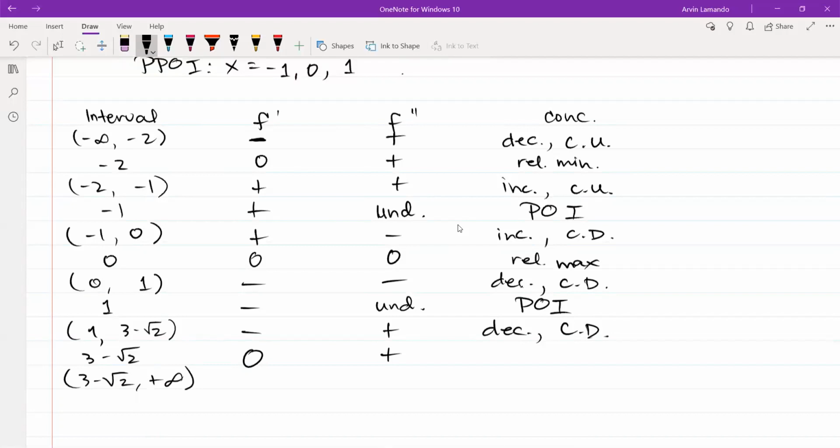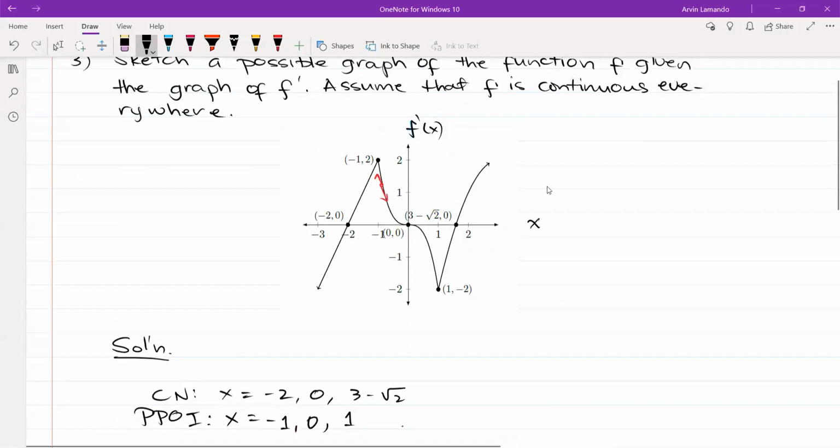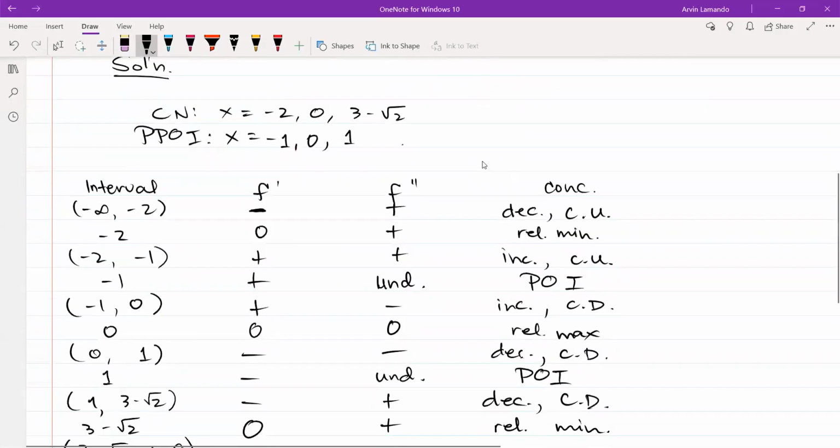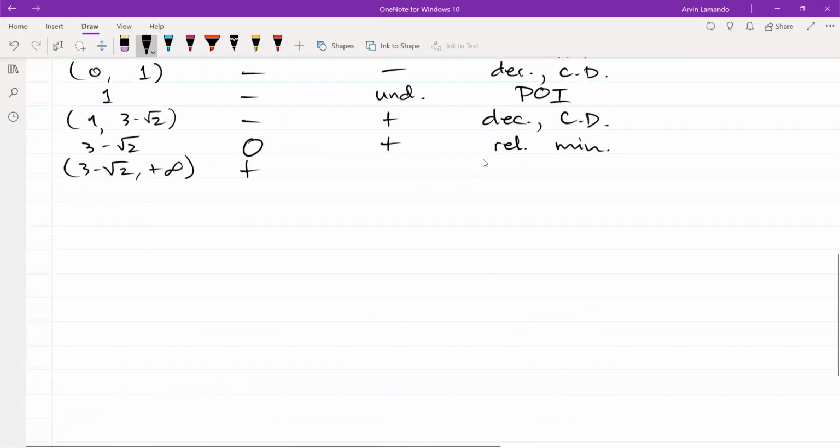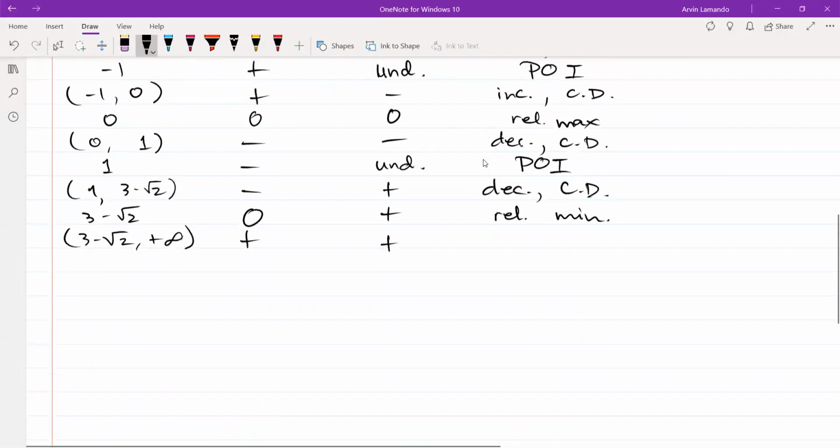So by the second derivative test, you have a relative minimum, and from 3 minus square root of 2 to positive infinity, f prime is positive and f double prime is also positive. So it's increasing and it concaves upwards.